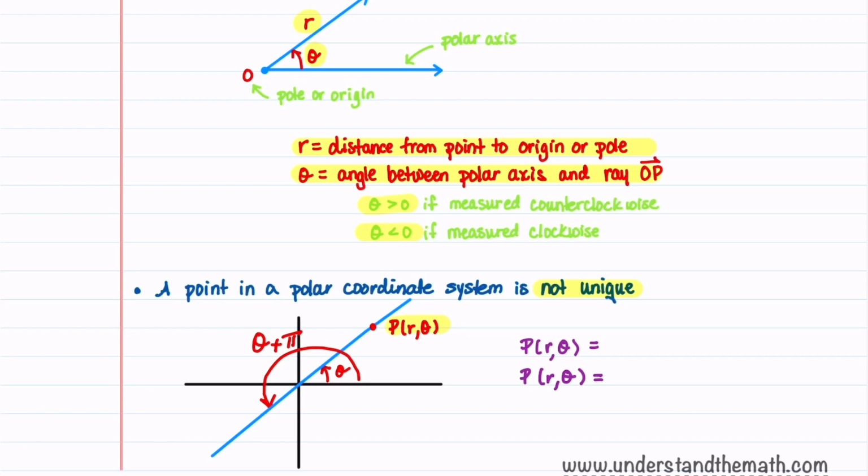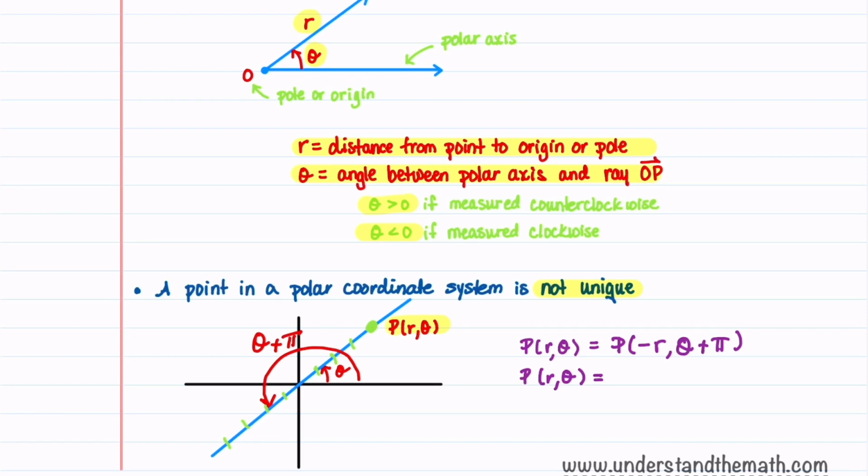We can write our point P in terms of theta plus pi if instead of going forward r units, we go backward r units, and then we arrive at the same point. Our point P can then be written as P of minus r comma theta plus pi.